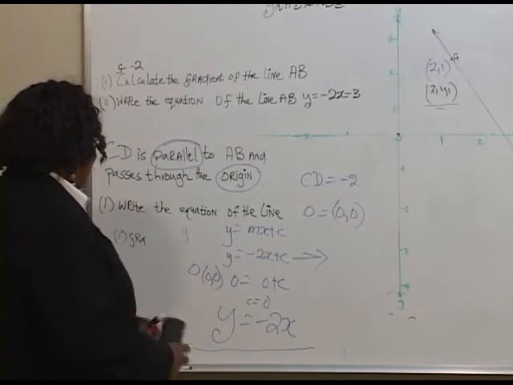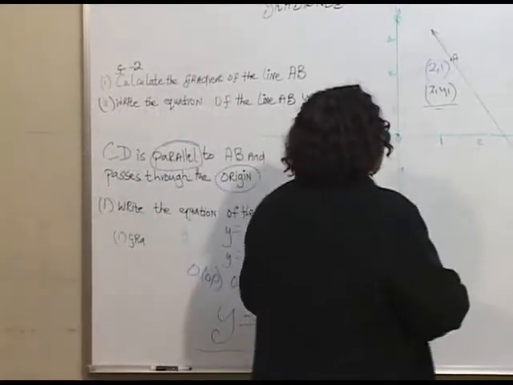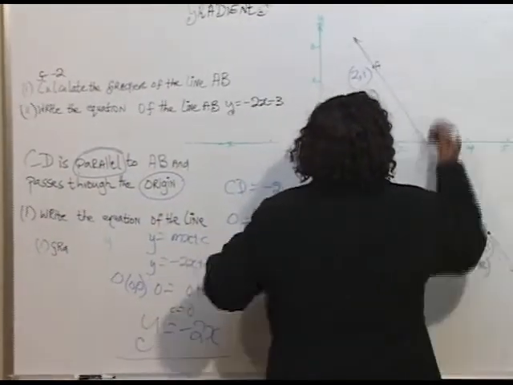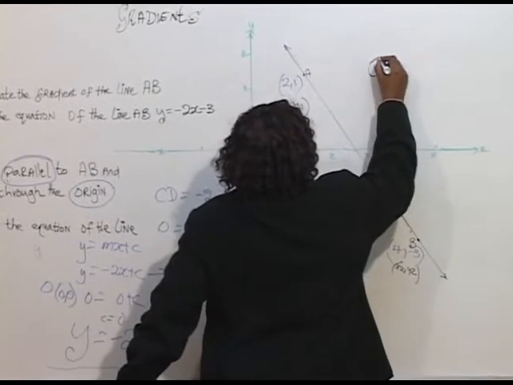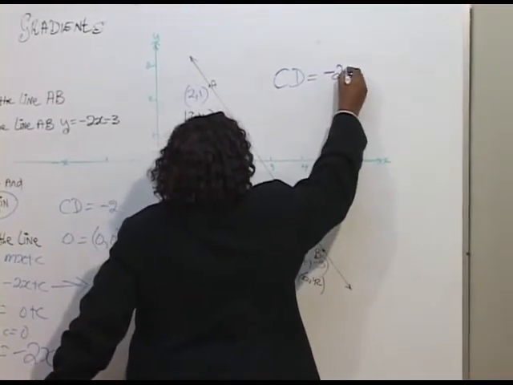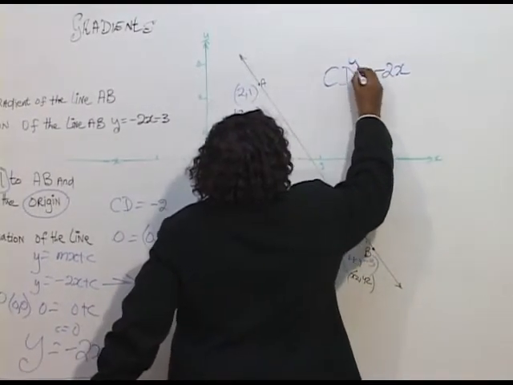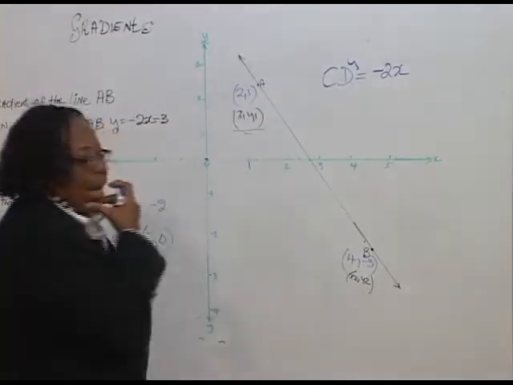What did we say? The equation of the line CD was y is equal to negative 2x.